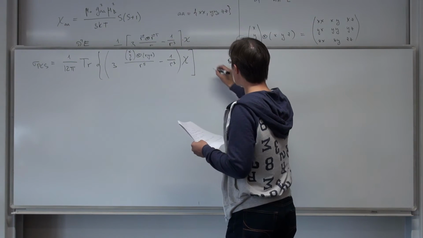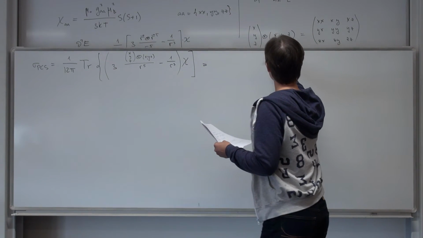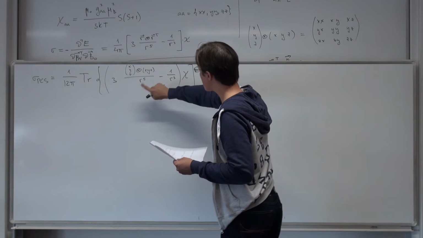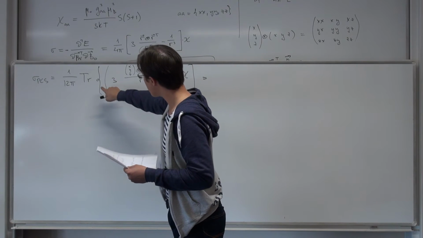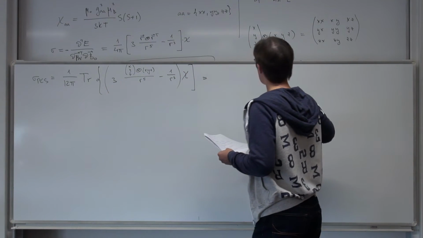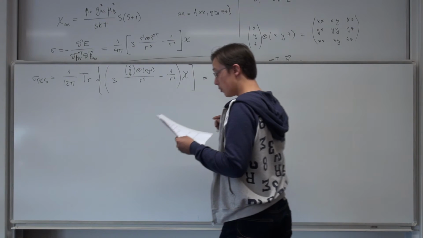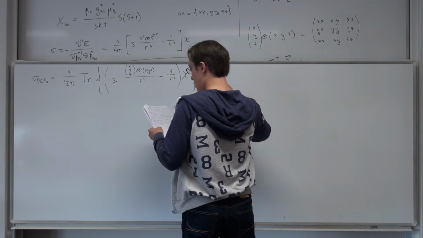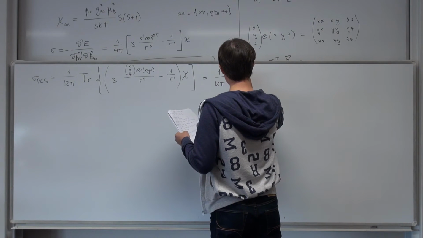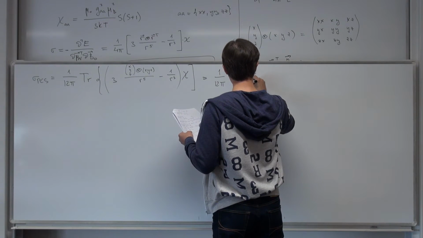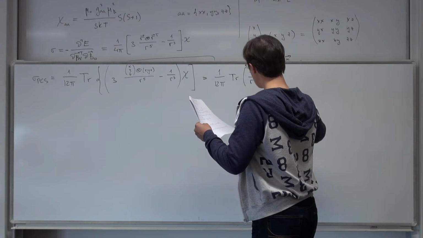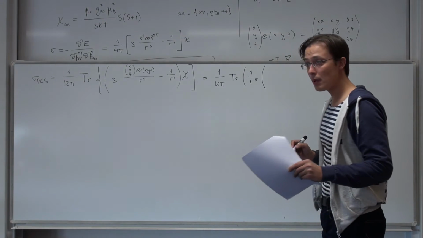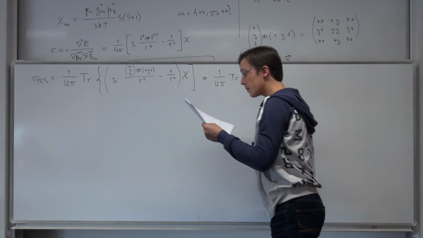So we will now open this up in the matrix form. I will use this explicit expression in place of these. I would take r to the fifth out of the bracket here and pull the 3 into the matrix. And so what we get then is 1 over 12 pi trace 1 over r to the fifth, and then we have a matrix. And if chi is diagonal, it simply multiplies the diagonal components of this matrix.